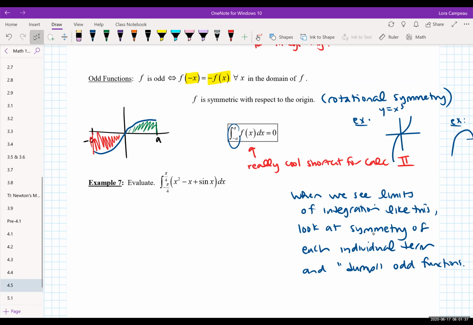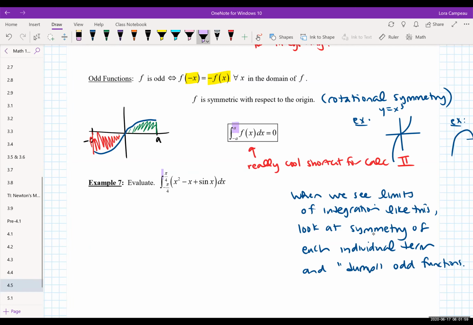I think I can throw this into the mix. A problem like this we can do quite nicely using what we already know, but I might pay attention and say, wait a second, look at my limits of integration. I'll try to highlight them in purple.